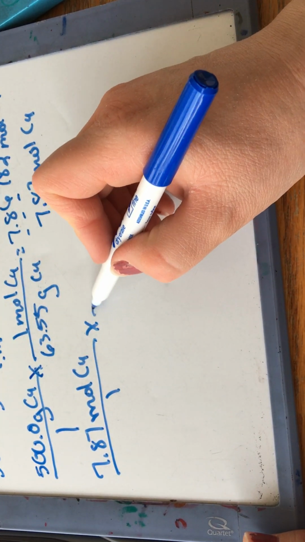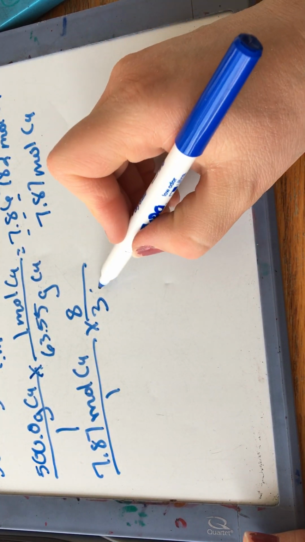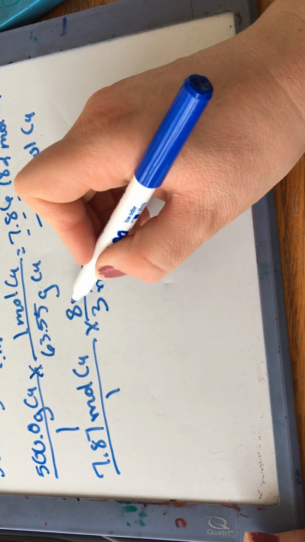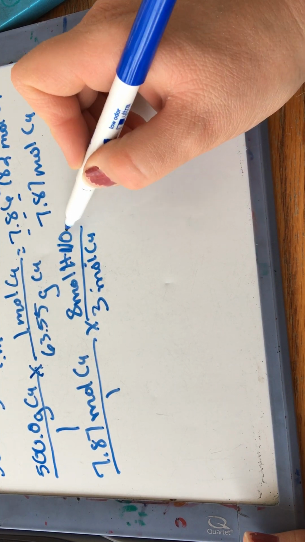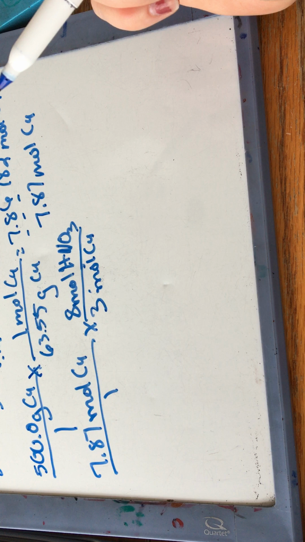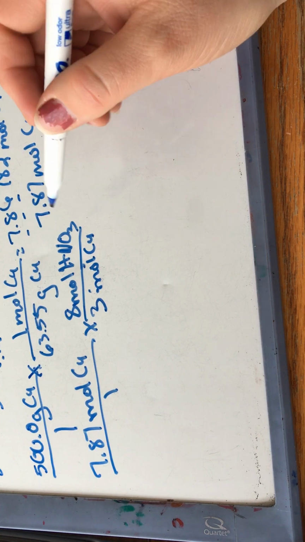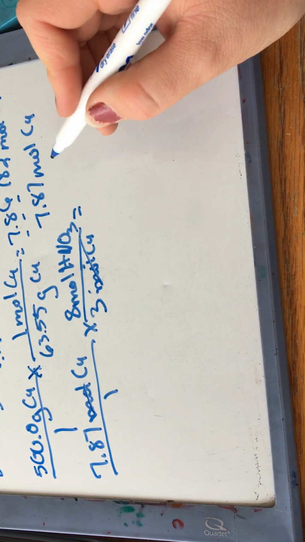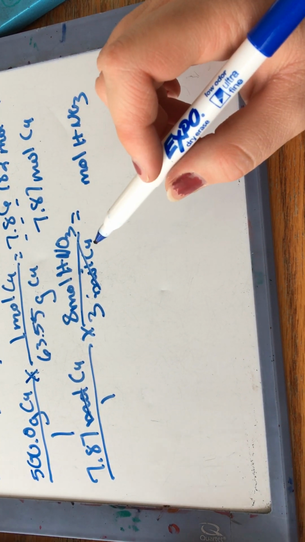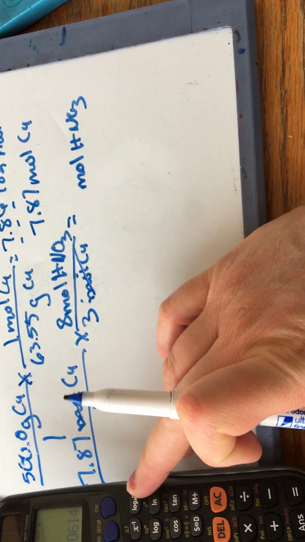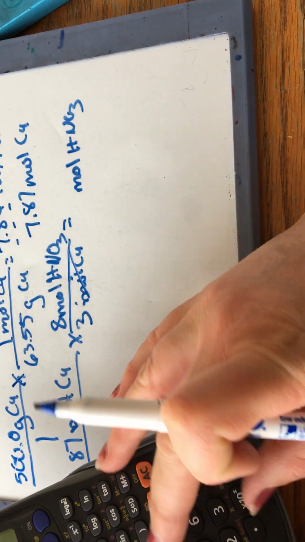And we know that there's 3 moles of copper for every 8 moles of nitric acid. So now we should be able to have moles of nitric acid. I'll take that answer, divide by 3, and multiply by 8.